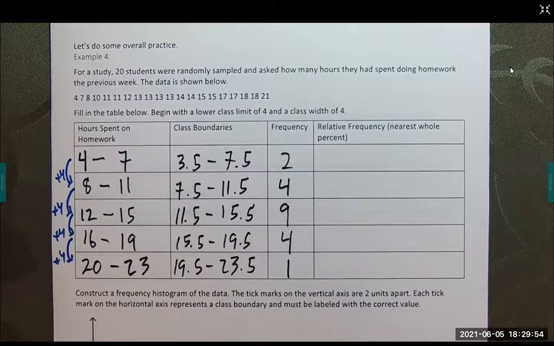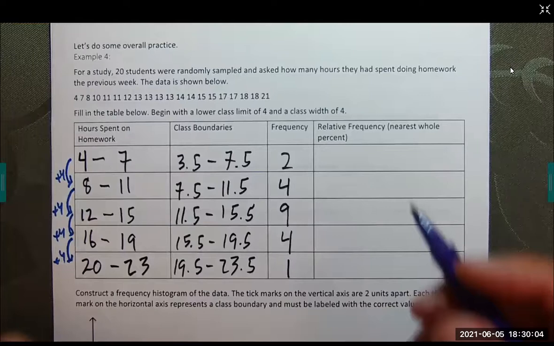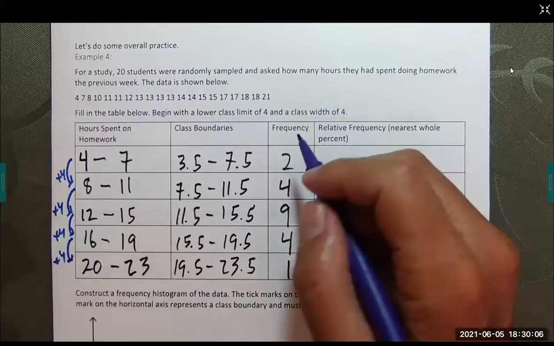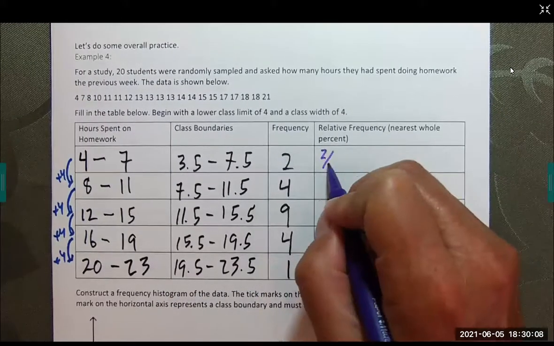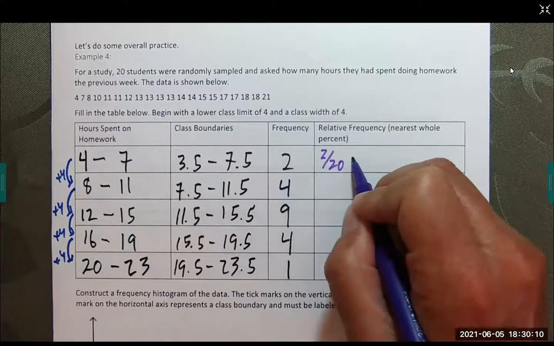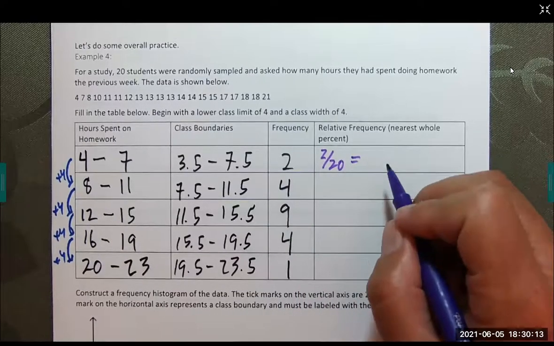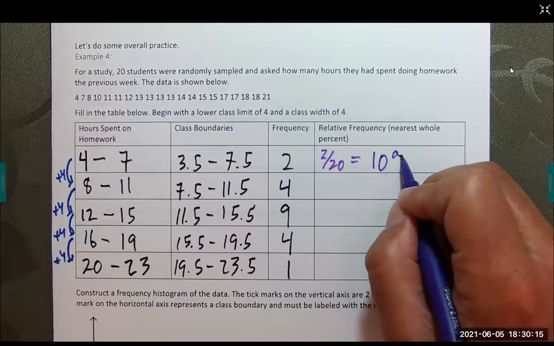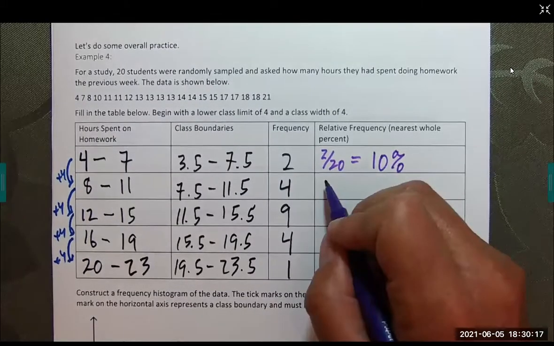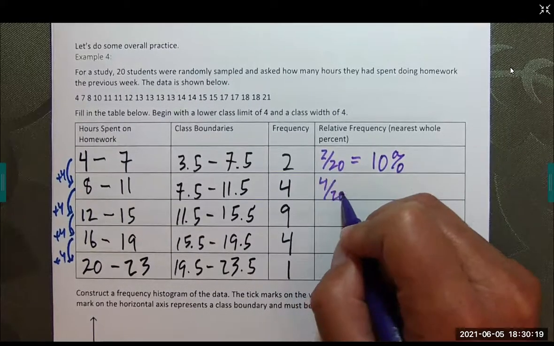Now we're going to add the relative frequency. And if you remember how to do that, I'm going to take the total. There's a total of 20 students. And I'm going to take the frequency, 2 over 20, which if I divide that out, gives me 10%. 4 over 20 is going to double that.